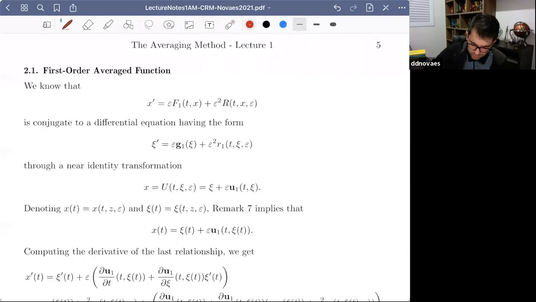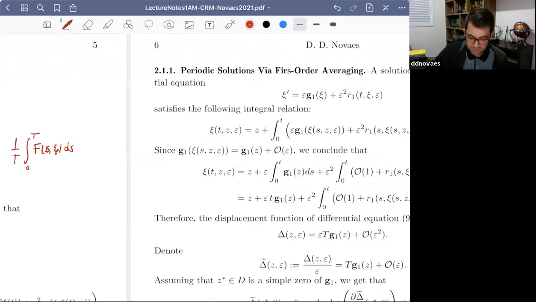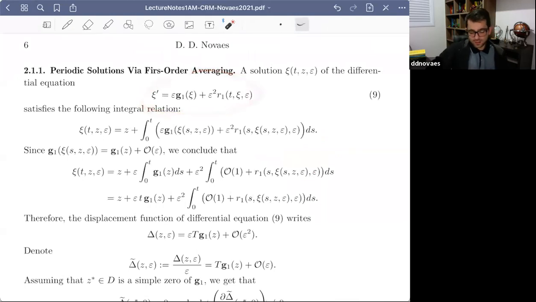Recall that now we have an expression for g1. So, in order to compute or estimate the displacement function of this differential equation, we use again the integral characterization of solutions of a differential equation.